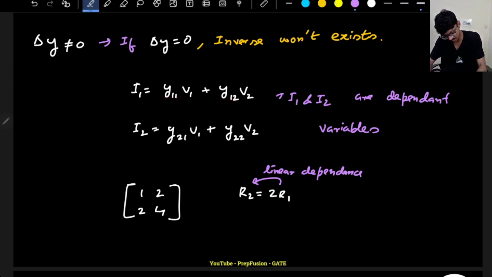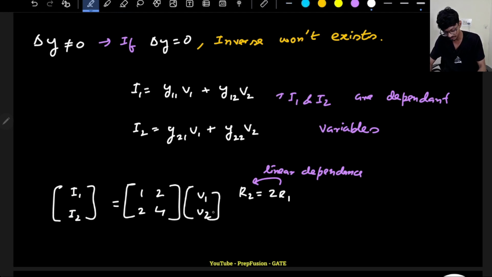This I can rewrite here as well. Basically this matrix signifies a y parameter matrix. This is my I1 I2, this is my y parameter matrix, and this is my V1 V2. The determinant of this matrix is 0.